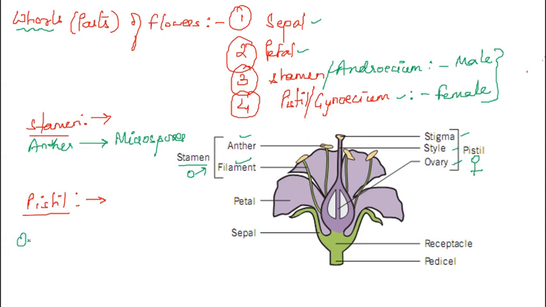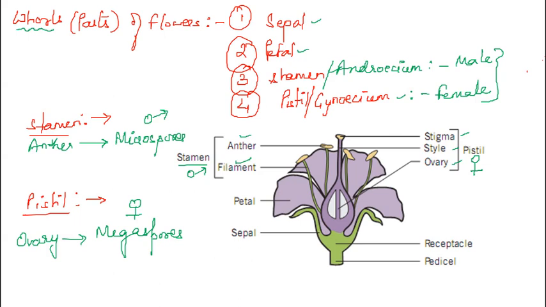The ovary is the spore producing organ in the female which produces megaspores. So the stamen consists of anther which produces microspores, the male reproductive spores, and the ovary produces megaspores, the female reproductive spores. Clear?